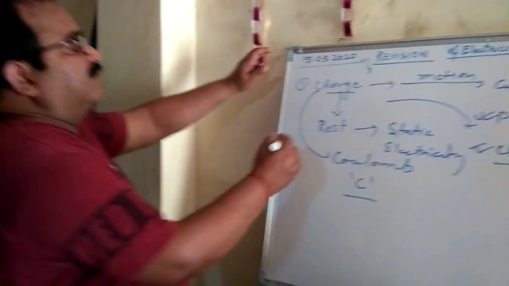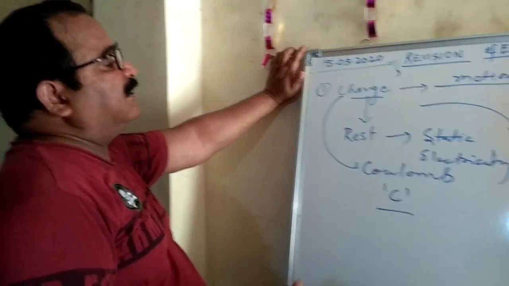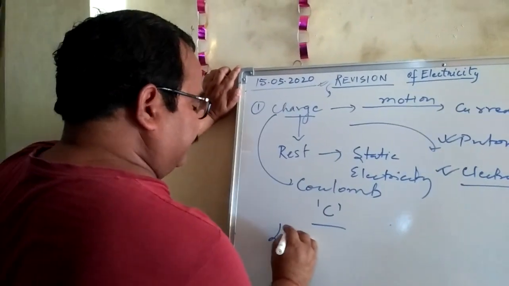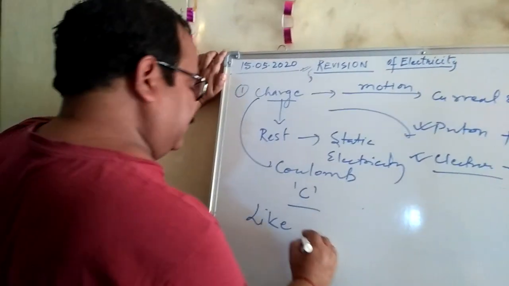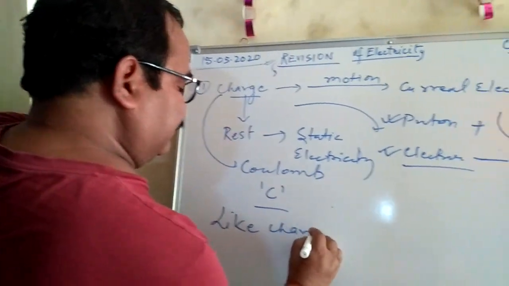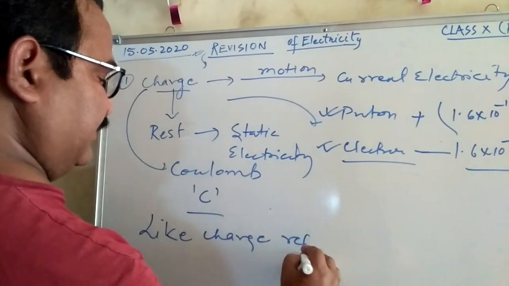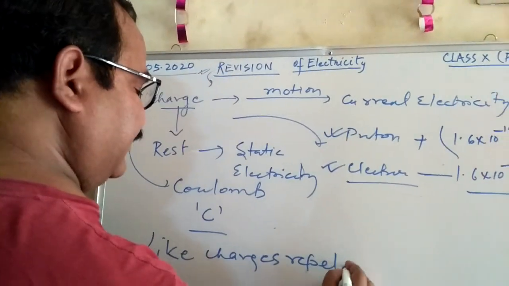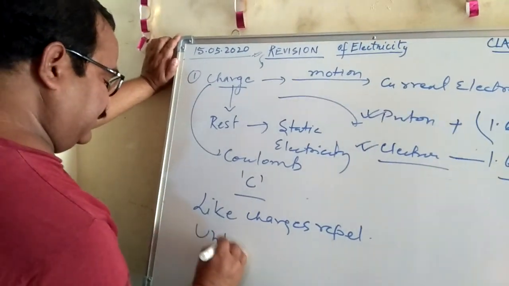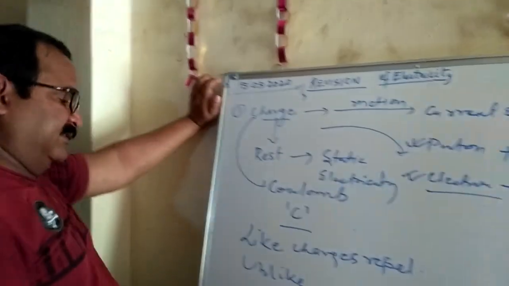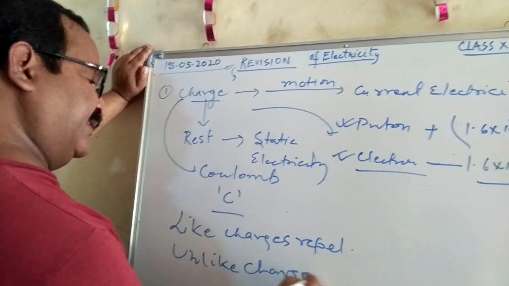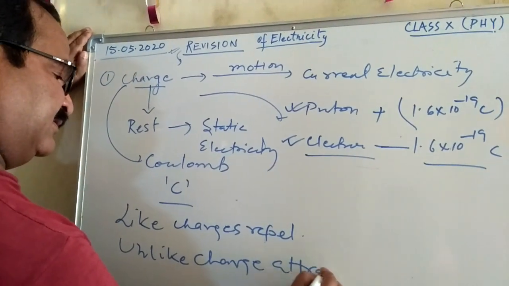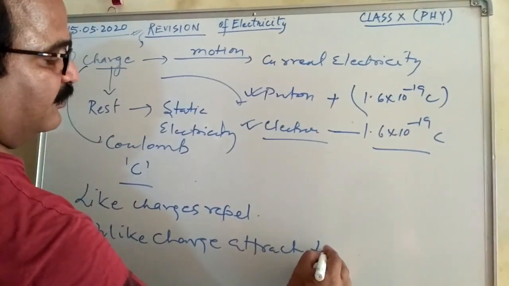We also know that like charges, meaning the same nature of charge, repel, and unlike charges, meaning one is positive and the other is negative, attract each other.